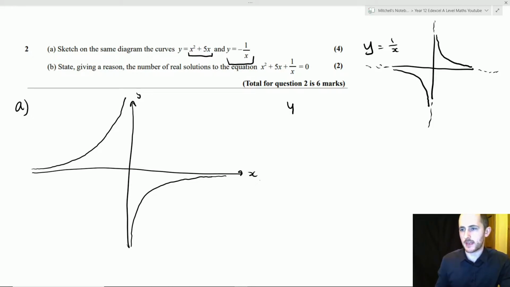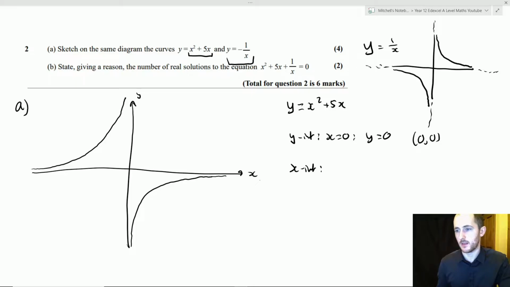So now with y equals x squared plus 5x, if you remember rightly, we need to have x-intercept and y-intercept. Okay? So, if I want to work out the y-intercept, that would be the easiest one to do. I sub in x equals 0, so I have y equals 0 squared is 0 plus 5 times 0 is 0. So in other words, it crosses at the origin.